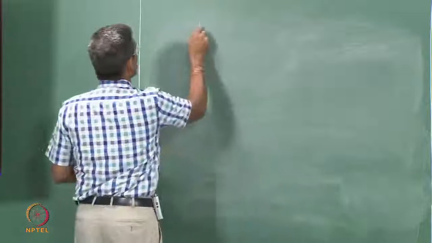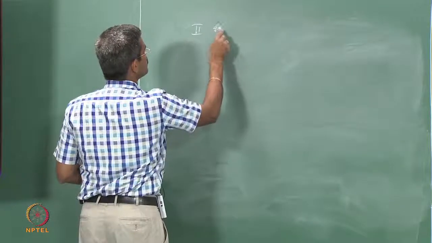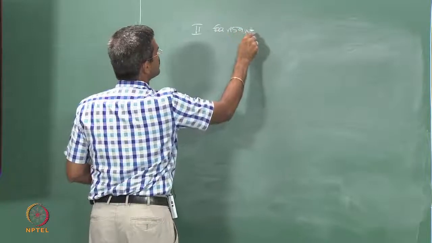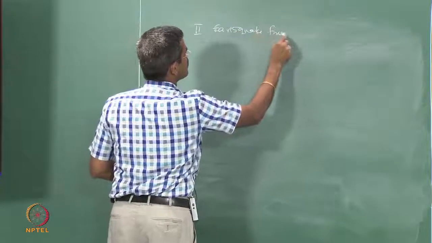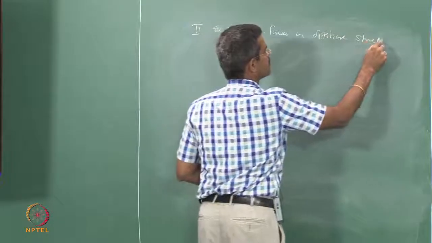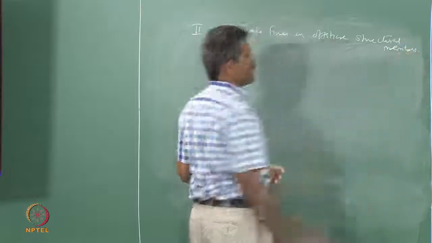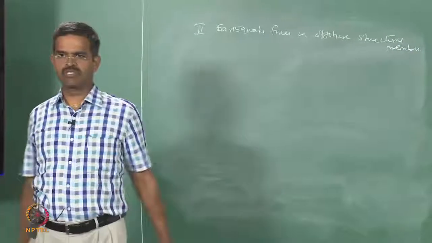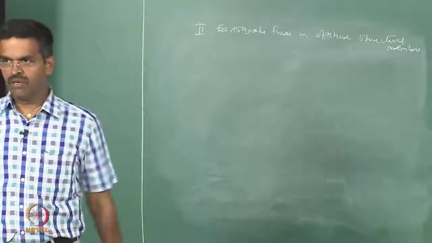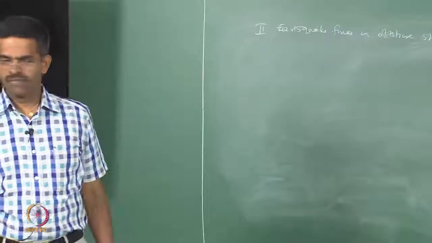The second part now is to get earthquake forces or seismic forces on offshore structural members. As we all know, when you talk about the force, it has to generate from a velocity or a motion of the body, because the force of the vibrating system is essentially from the motion displacement.